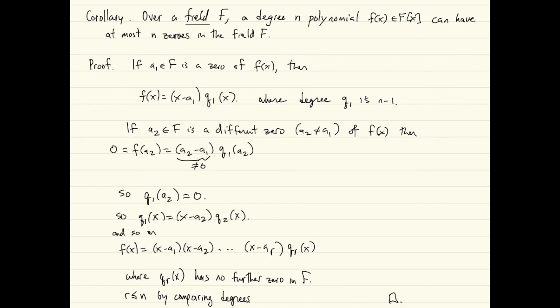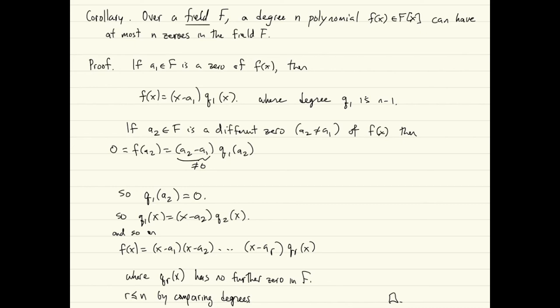An instance of this corollary that you're familiar with is the quadratic formula and polynomials of degree 2. If you're working with a degree 2 polynomial, this is saying it has at most 2 zeros or roots over any field. And so you've seen that sometimes a degree 2 polynomial has 0 roots over the rational numbers.